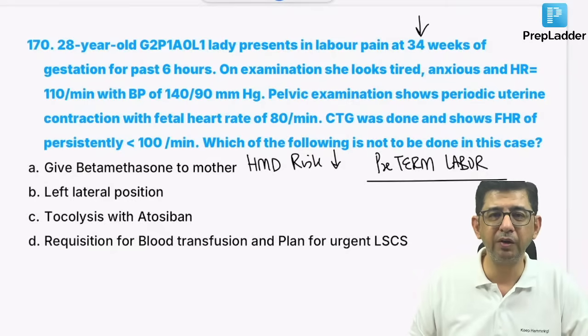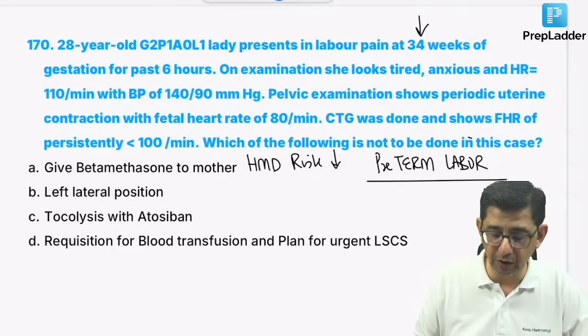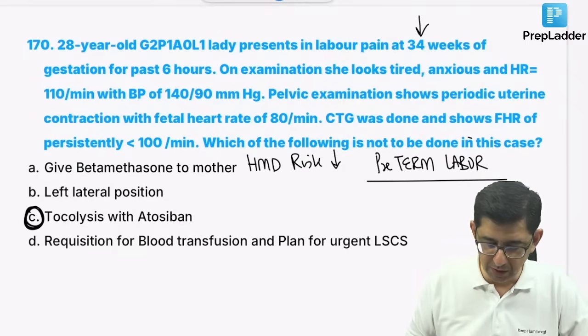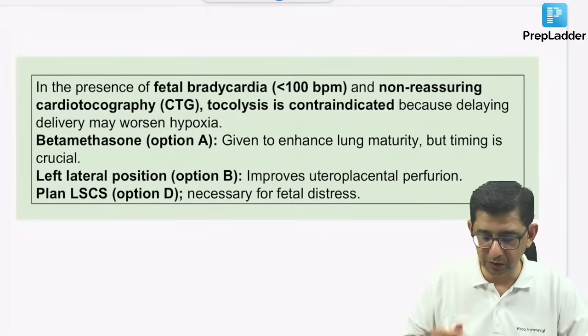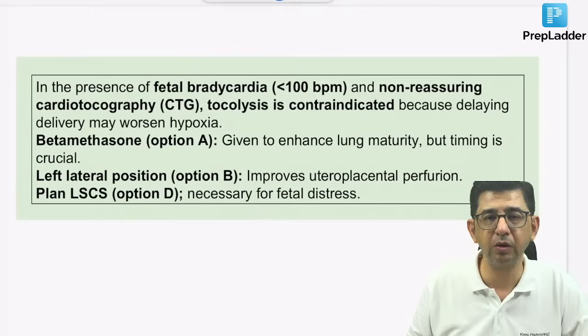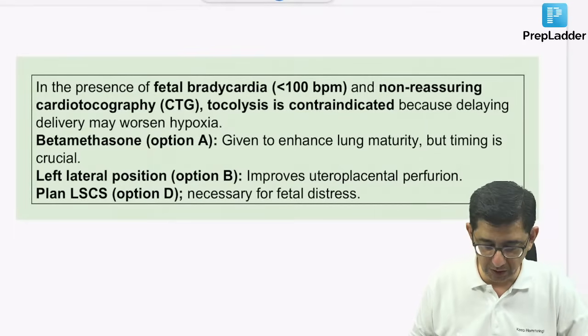But then once the labor is already on its way and there is evidence of fetal distress already given in the question, then going in for tocolysis would not make sense. I don't want to stop the process that is already occurring in this case. The baby is unstable at the moment. So in the setting of fetal bradycardia, a non-reassuring cardiotocography, tocolysis is going to be contraindicated. The answer is C.